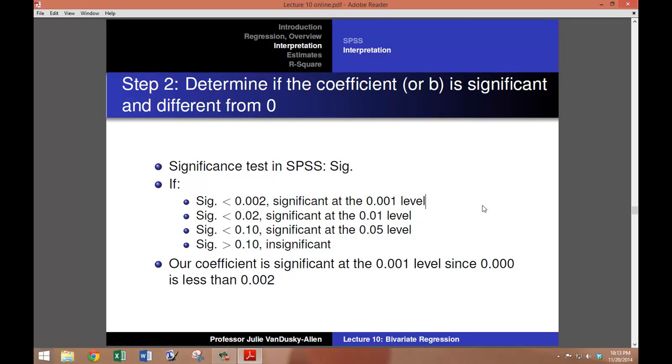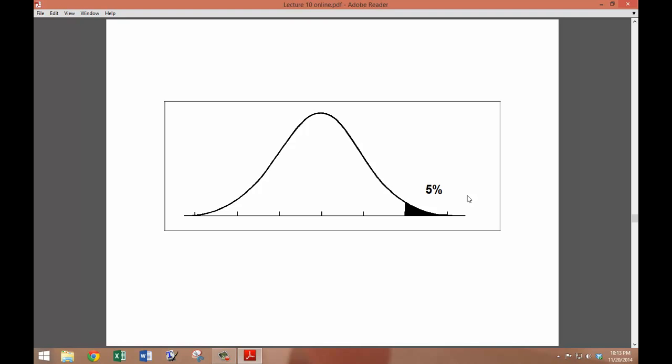Now you may be wondering why these values here are different than these values here. These values are simply these values divided by 2. I did that because in SPSS, it does a two-tailed test of significance for a coefficient b hat, but we only want one tail.